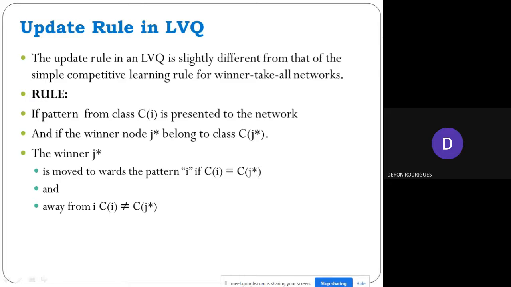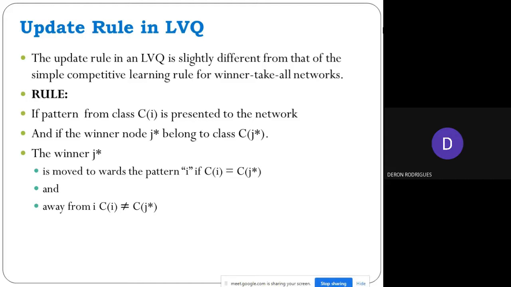Finally, the weights of the winner node are always updated here. In winner-take-all networks, we always update the weights of the winner node, but in this case there can be either a positive or a negative weight update. The weight update is positive if the pattern and winner belong to the same class.